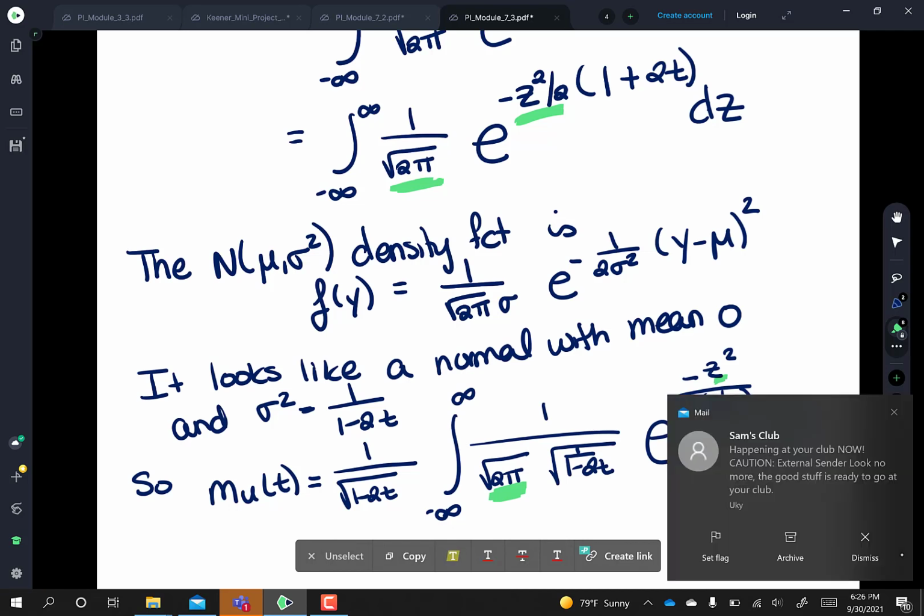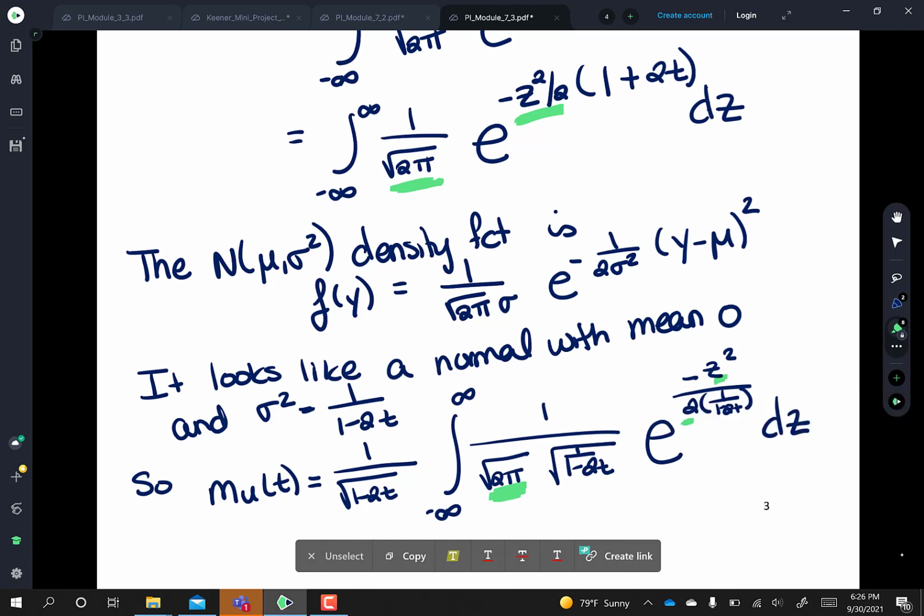Here we've divided by 1 over (1 minus 2t). So the only thing we've done is drop this into the denominator by having 1 over (1 minus 2t). That's why we were saying this looks like a normal with sigma squared equal to 1 over (1 minus 2t).